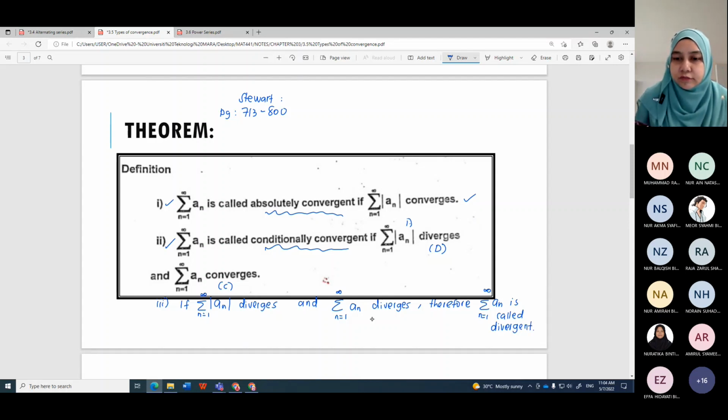Okay, kalau diverge, that we call divergent. So conclusion dia divergent. Kalau diverge, converge, so dia conditionally convergent. Ada 3 lah kat sini.